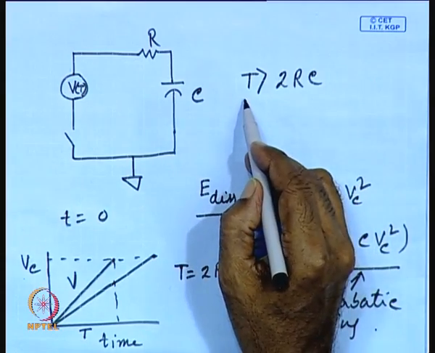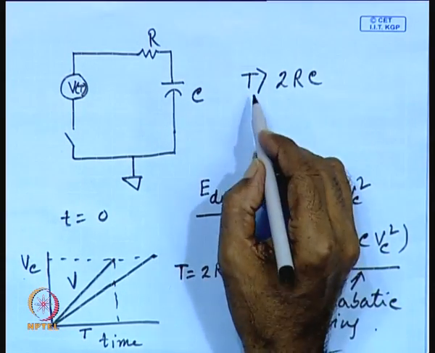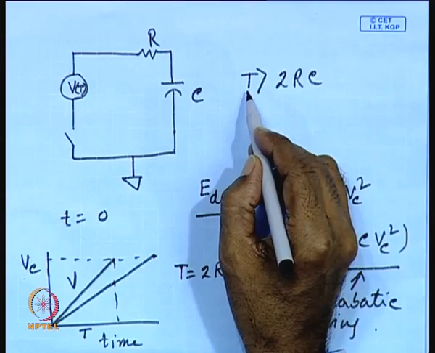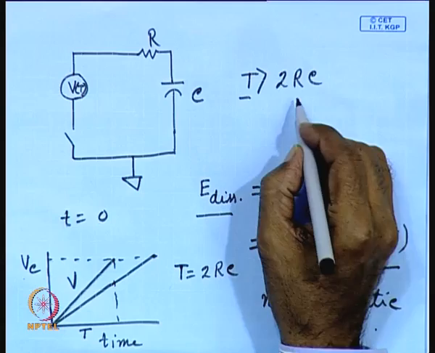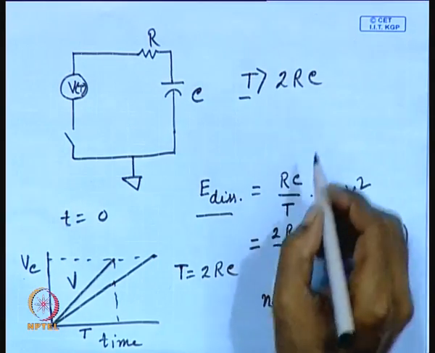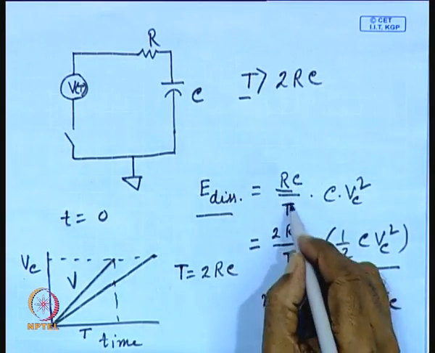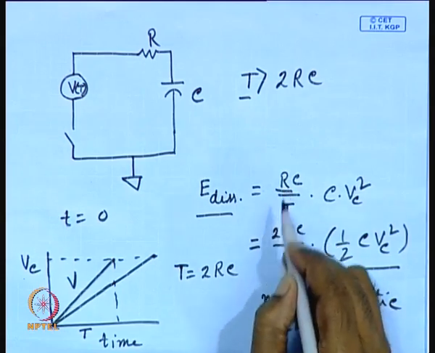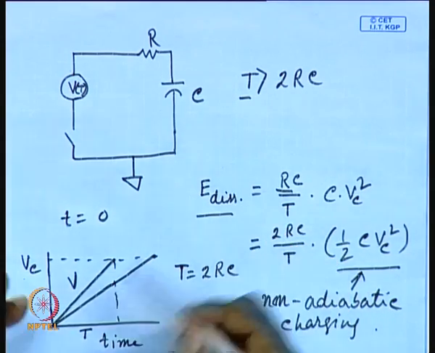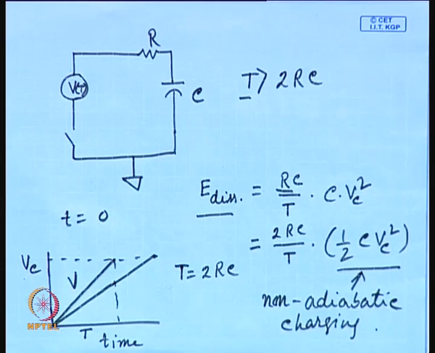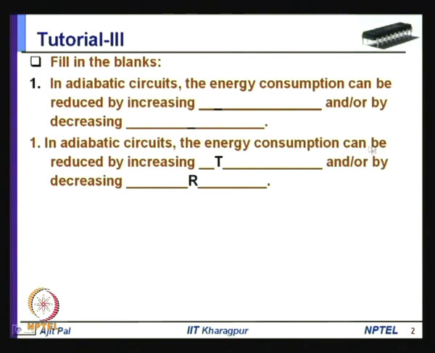So, one way of reducing the power dissipation, energy consumption can be reduced by increasing T. Another possibility is that you can reduce the value of R. So, keeping T, reducing the value of R, also you can reduce the energy dissipated in adiabatic charging. So, that is the reason why here is the answer. In adiabatic circuits, the energy consumption can be reduced by increasing T and or by decreasing R.